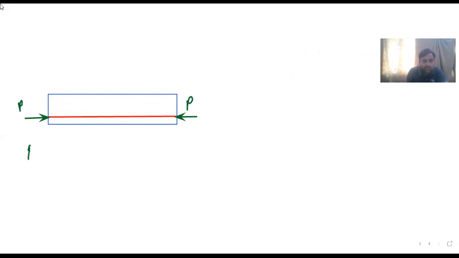Now this P is applied to the steel reinforcement. This we call a bar, and this we also call a tendon.